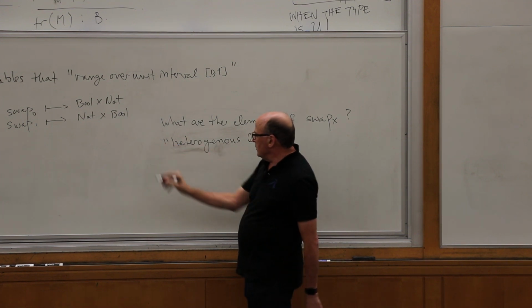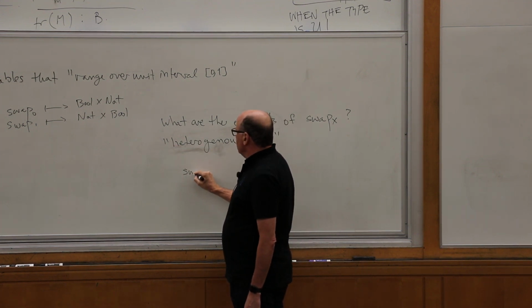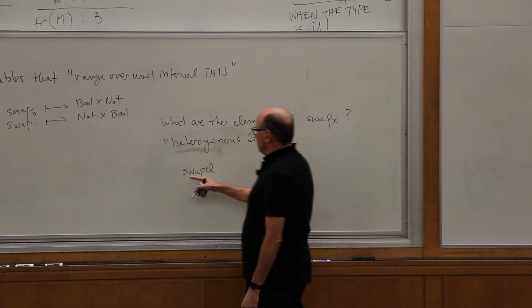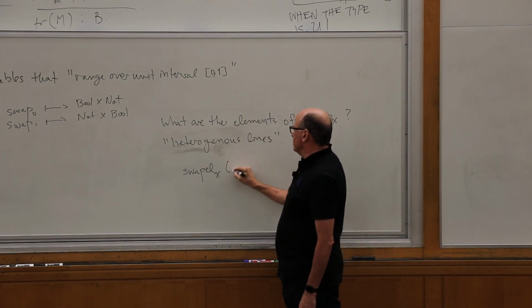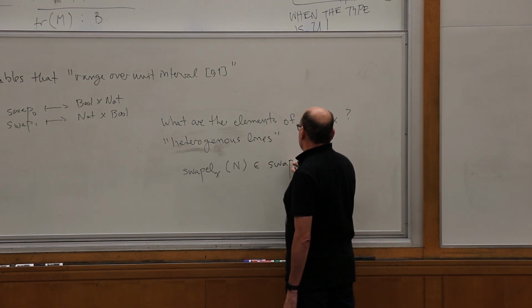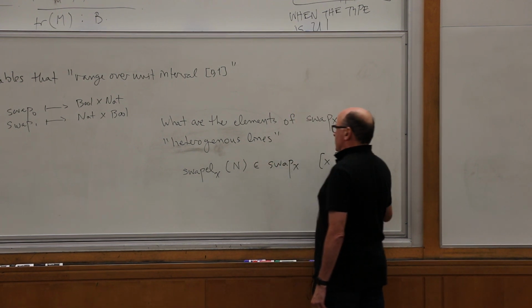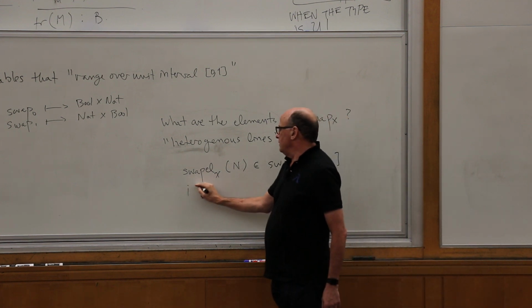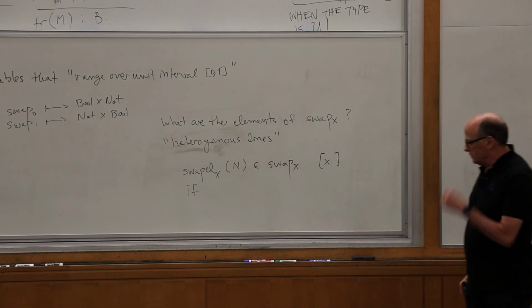The idea is I'm going to end up saying, I'll give the canonical element, which we'll call swap element, in X of n, which I'm writing here, is going to be in swap X, parameterized by X, if, and then what is the condition?